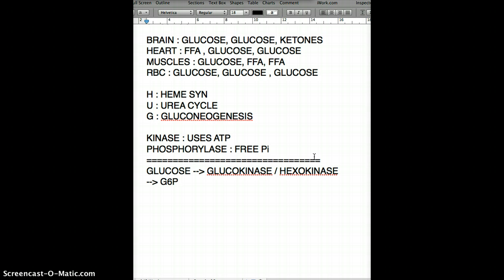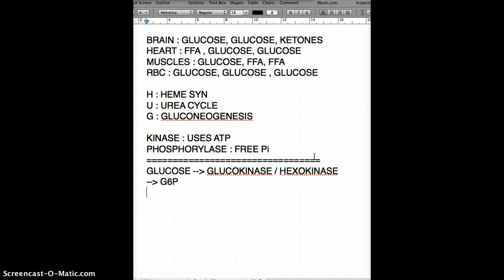Glucose 6-phosphate. So what's the difference between glucokinase and hexokinase, and where is each one found? Glucokinase is found in the liver, hexokinase is found everywhere else. Glucokinase is primarily found in the liver.